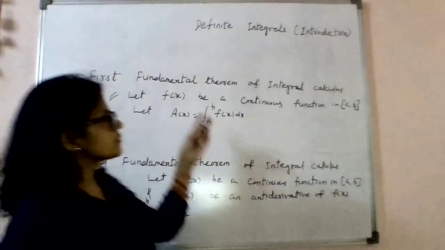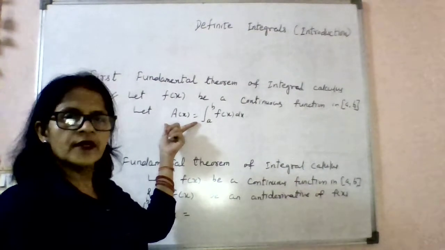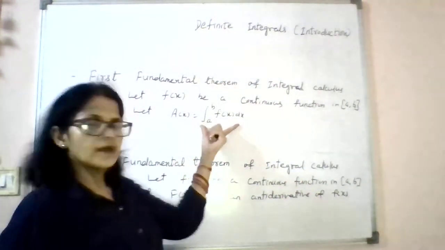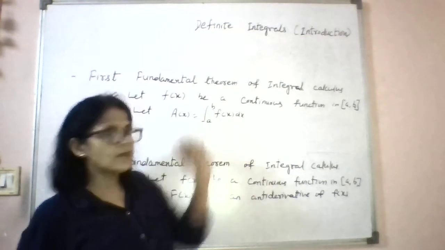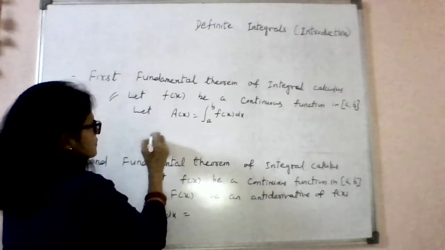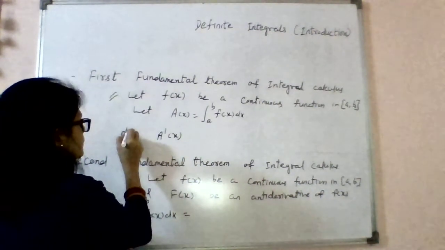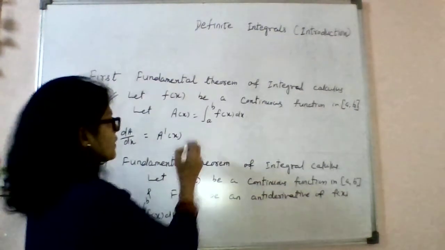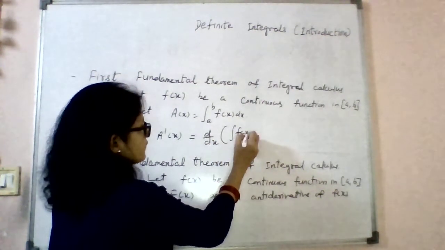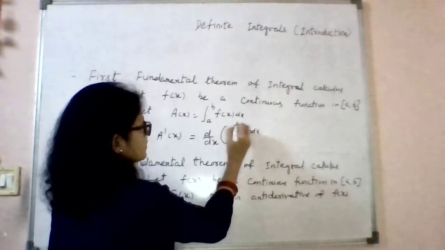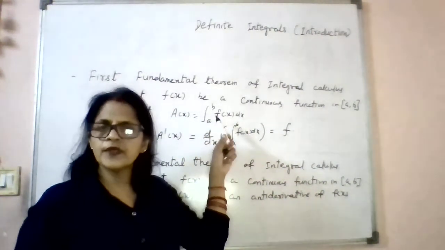Let f(x) be a continuous function in the closed interval AB, and A(x), the area function, equal the definite integral of f(x) dx with limits from A to B. Then A dash x, that is d by dx of A(x), equals dA by dx, which is equal to d by dx of the integral of f(x) dx from A to B. That is equal to f(x). We already covered this in the proof of the geometrical meaning of the definite integral.